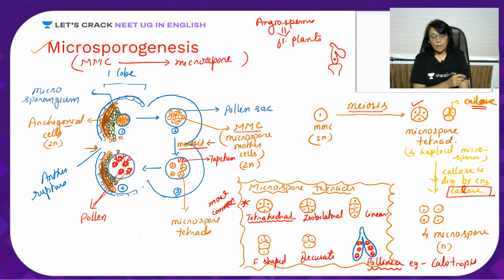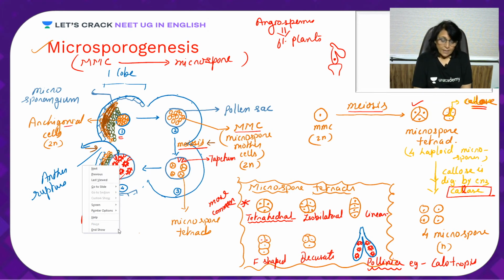When the anther ruptures, this pollen sac will also rupture and the pollen grains will be released. So these outer layers like epidermis, endothecium, middle layer, they are the ones which will help in releasing of the pollen grains. And how would this happen?